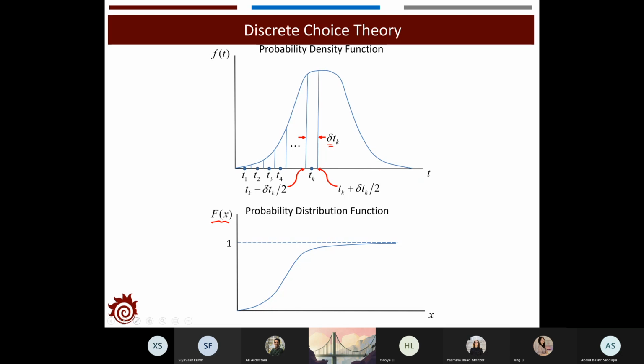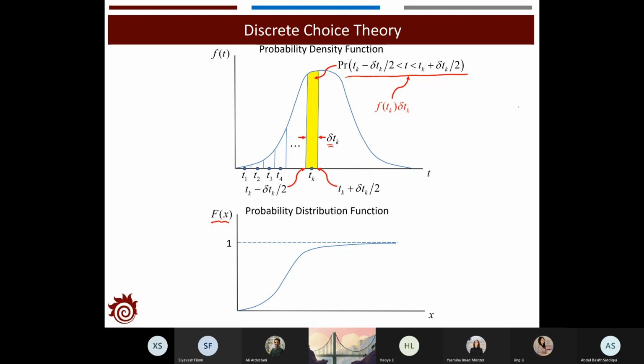So that's how we discretize the continuous distribution function into discrete ones, to help you understand how the equations in the previous slides are derived. And also we will be able to find out the total probability in each cell. In this case, for the interval of Tk, the total probability would be the probability that t is between Tk minus delta Tk divided by 2 and Tk plus delta Tk divided by 2.